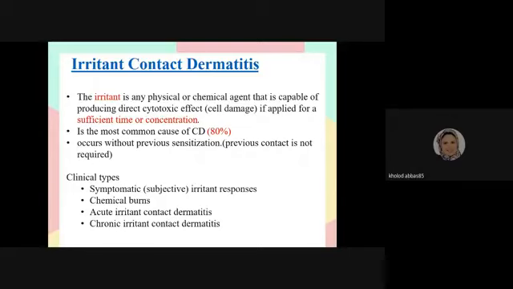Acute irritant contact dermatitis, and in the chronic stage, chronic irritant contact dermatitis. Example: housewife dermatitis, where frequent exposure to water and cleaning materials can lead to chronic irritant contact dermatitis.